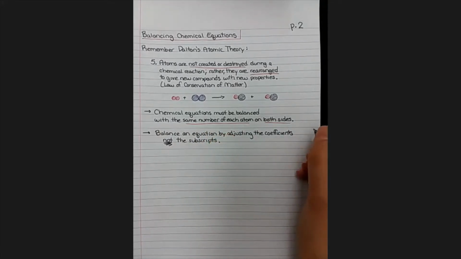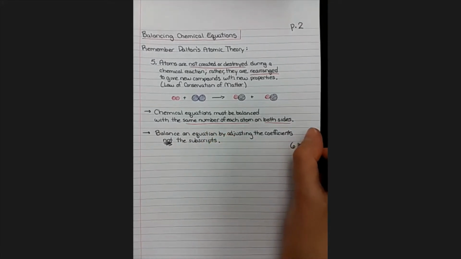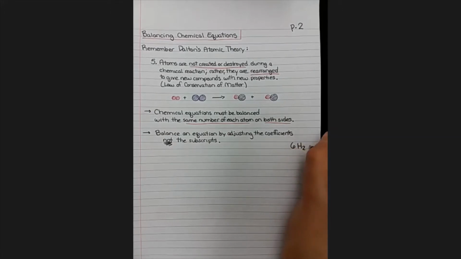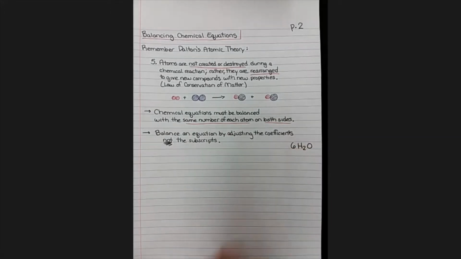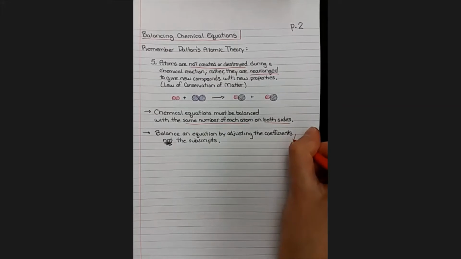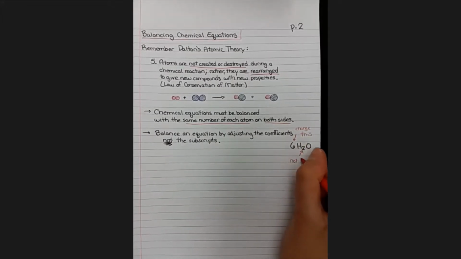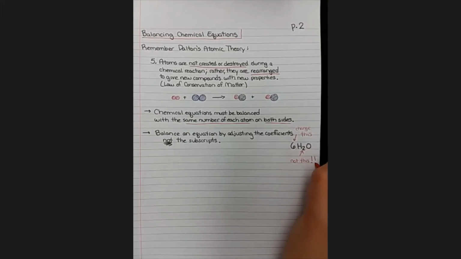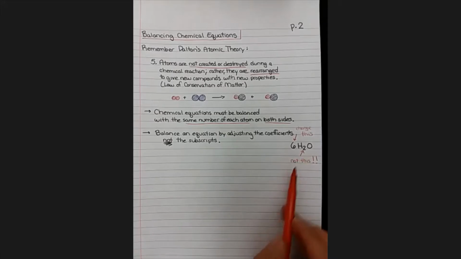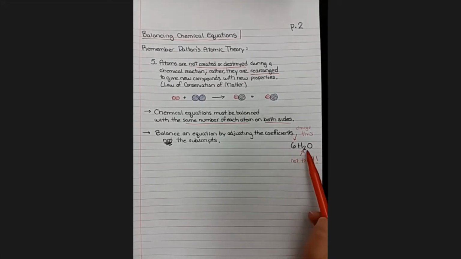So if we have something like this, 6H2O is part of your equation. This big 6 in the front, this is the stoichiometric coefficient. This is the part we're going to change when we're balancing the equation. We are absolutely never, ever going to change the little numbers, the subscripts, because if we change the subscript, we have fundamentally changed the compound.